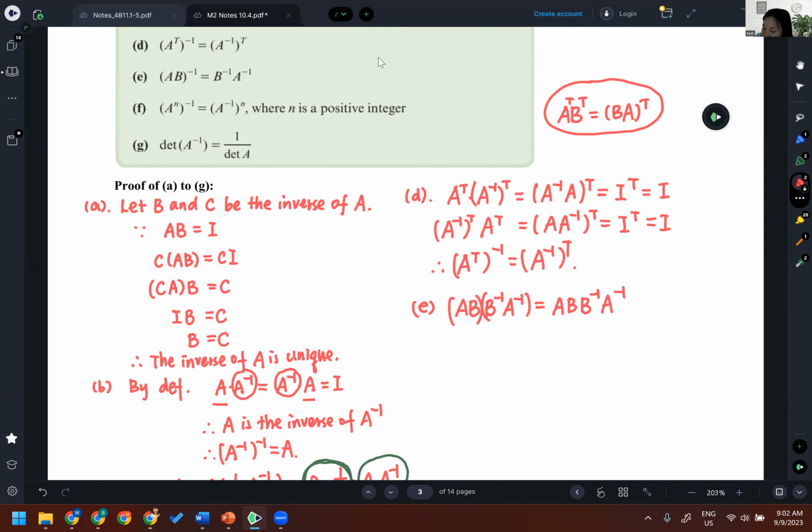So I will make sure it's A, B, B inverse, A inverse in the same sequence, but I will do this first. That's called the associative law. And that is equal to A times A inverse, because you can do B B inverse first, that's I. So that is equal to I. So the first one is checked.